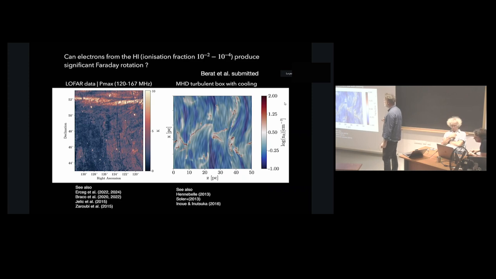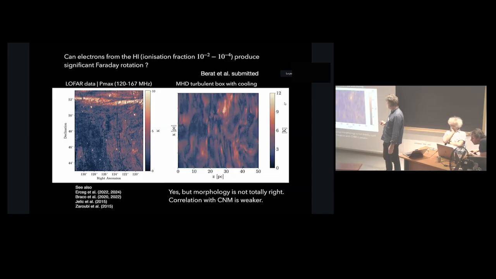This is the maximum polarization intensity in a random piece of sky at high galactic latitude. And by doing synthetic observations of our simulations, we are reproducing something that is similar to this. And it's telling us that a lot of the electrons that are producing Faraday rotation in the diffuse ISM are in fact coming from the HI, which is a new result.